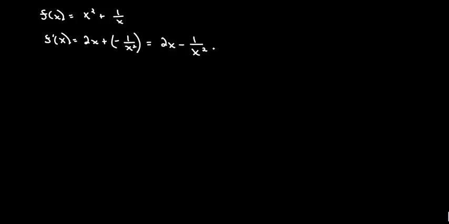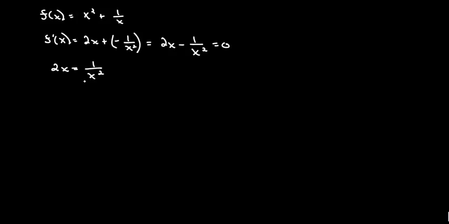Now let's just take a look at this. When we set this guy equal to 0, this implies that 2x would have to be equal to 1 over x squared. And that makes sense. If you want this thing to be 0, these two guys have to be equal to one another. Okay, so where does that occur?